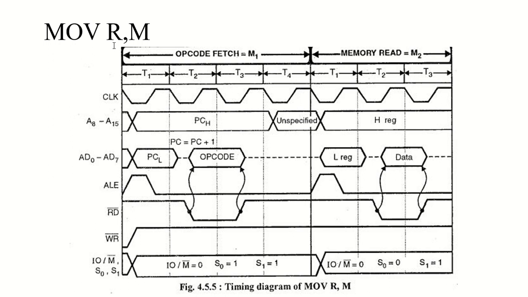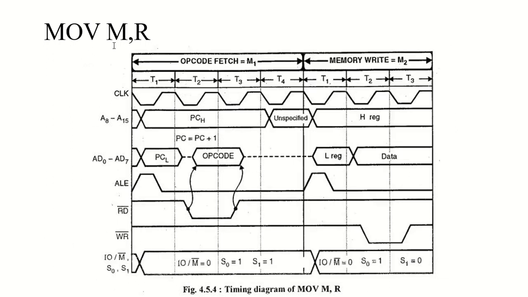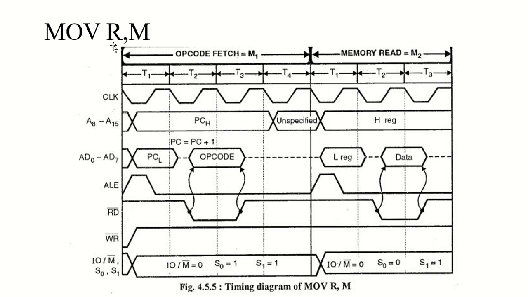Total number of T states will be 4 plus 3, so total 7 T states, again same as the previous instruction, but the only change this time is that instead of memory write, we are having memory read here, because we are moving the content of some memory location into the register.